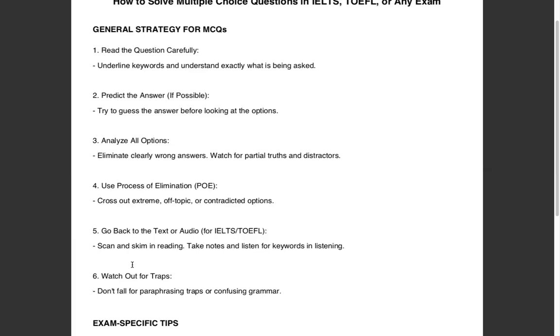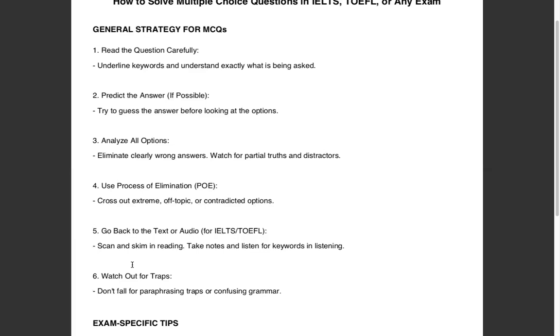He or she used paraphrased words. So in this case, don't panic. Don't say, okay, I didn't write this word, I didn't hear this word. No, you will not hear it, even if we repeat the recording 1,000 times, because it is paraphrased words.